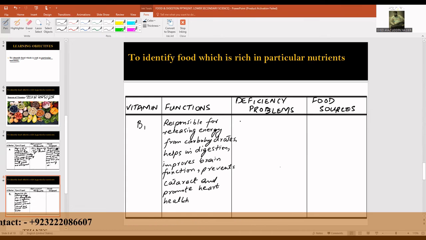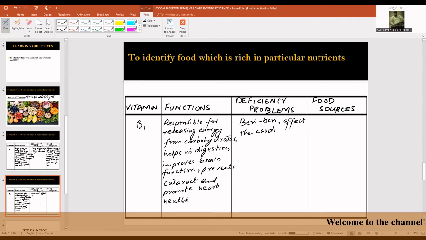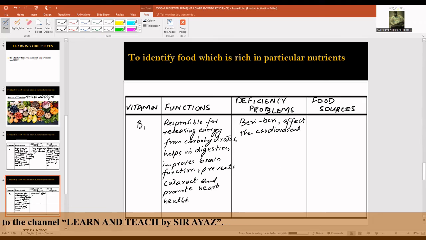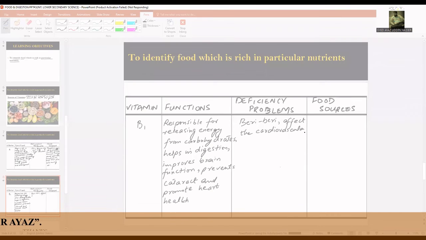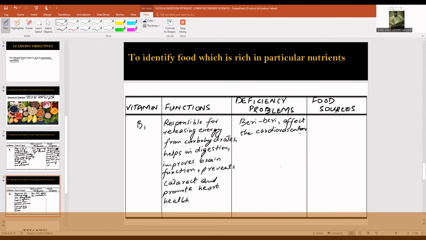Deficiency problems include beriberi, which affects the cardiovascular, nervous, and immune system.